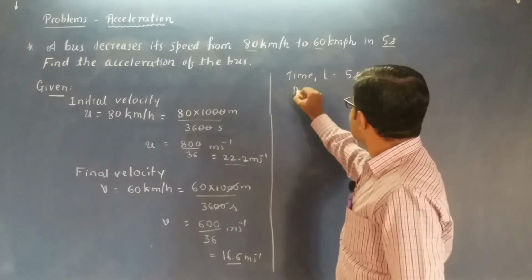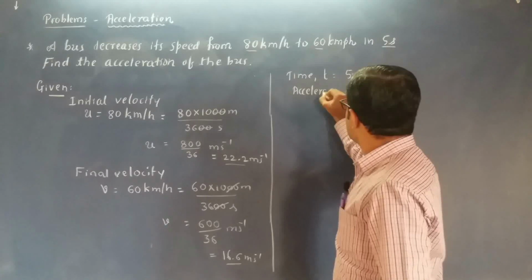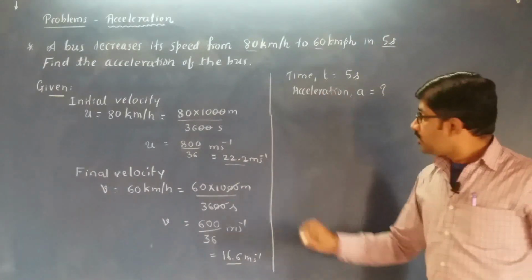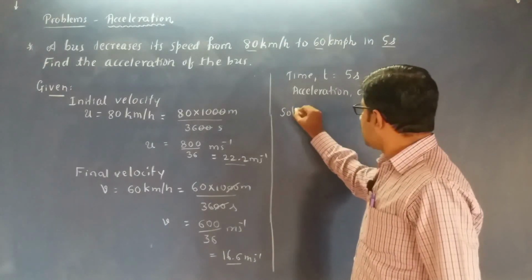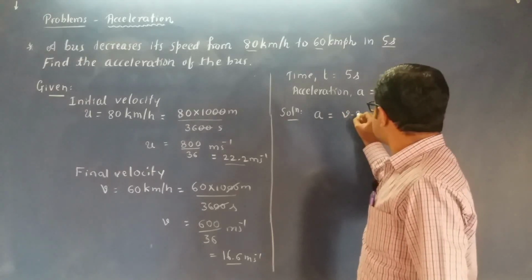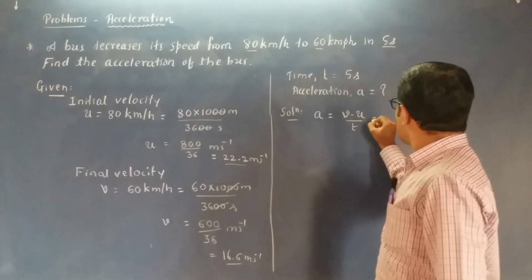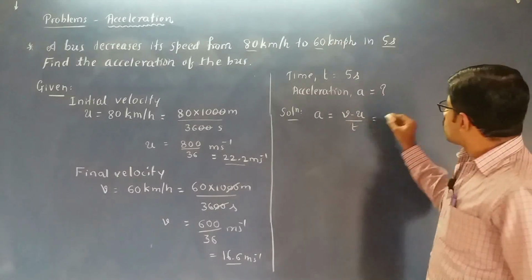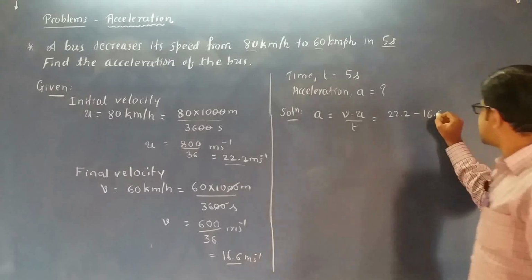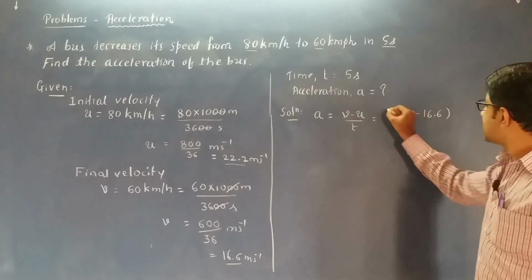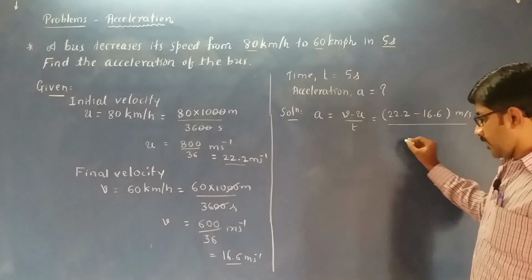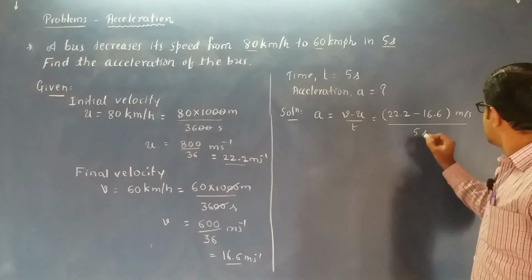Therefore, acceleration of the bus is equal to how much? We have the formula again for acceleration. a is equal to v minus u divided by t, which is equal to 22.2 meter per second minus 16.6 meter per second, taking meter per second common, divided by 5 seconds.